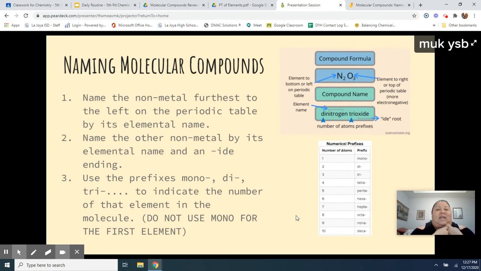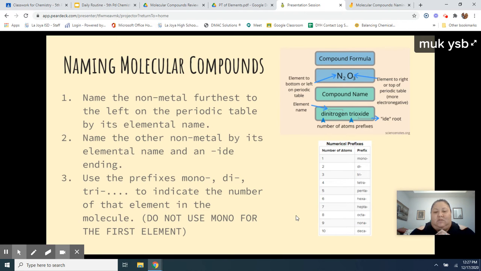Now, we're going to add a third and very important rule. We're now going to be inserting prefixes to indicate the number of atoms of each element. Remember, anytime you have a formula, it's going to have subscripts. Even if they don't show a number, if there is no number behind an element symbol, that just means that there's just one of them.